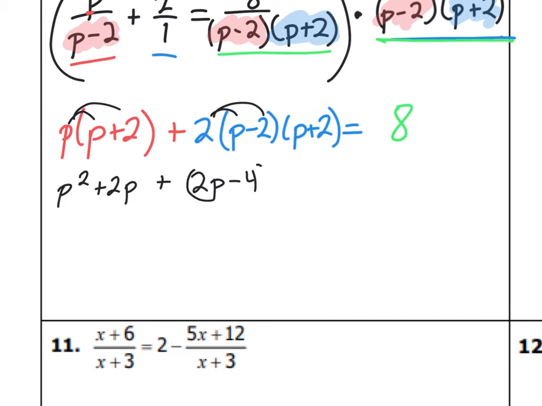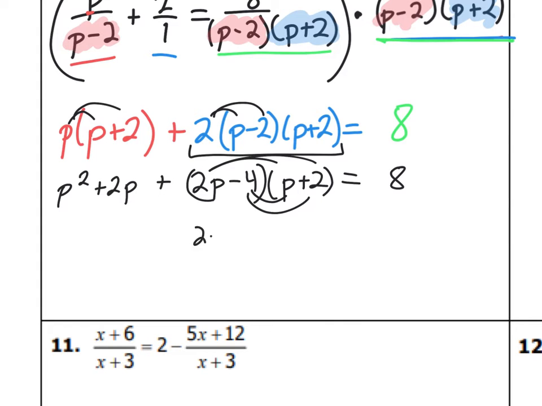Negative 4, so I just simplified that first distribution problem, but I still have that being multiplied by p plus 2 now. Because this is one big multiplication problem. Okay, so we just multiplied the first 2 values together. Now we've got to multiply them by the second value. Does everybody see that? Okay, so now we're distributing again.